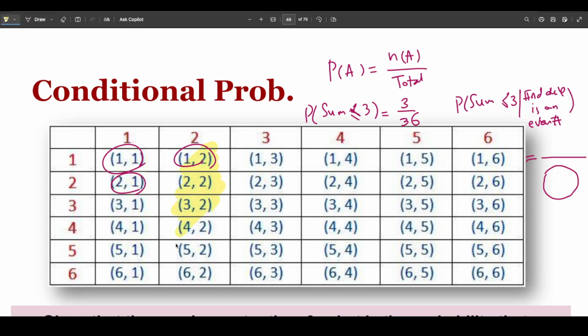The possible cases are this column, and also this column. So how many cases do you see here? Instead of 36, now you see 18 cases. So the denominator is not 36 anymore, it's 18, okay? And out of 18 cases, there is only one case in which the sum is less than or equal to 3. Only one case. So now the probability is 1 over 18.